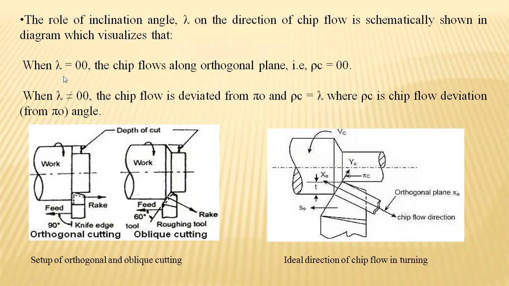When the inclination angle lambda is 0, the chip flow deviation from the orthogonal plane is 0. If it is not equal to 0, the chip flow will deviate from the orthogonal plane, limited by lambda.